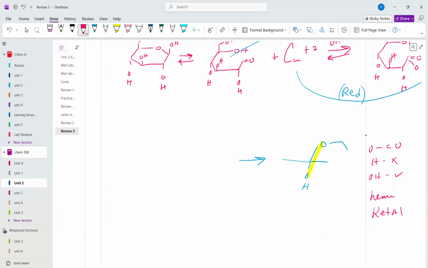Okay, so we have a primary and secondary backbone. Primary is a 3-carbon ketone, anomeric carbon here. So that means we need to start with a 3-carbon ketone because it's a ketal.